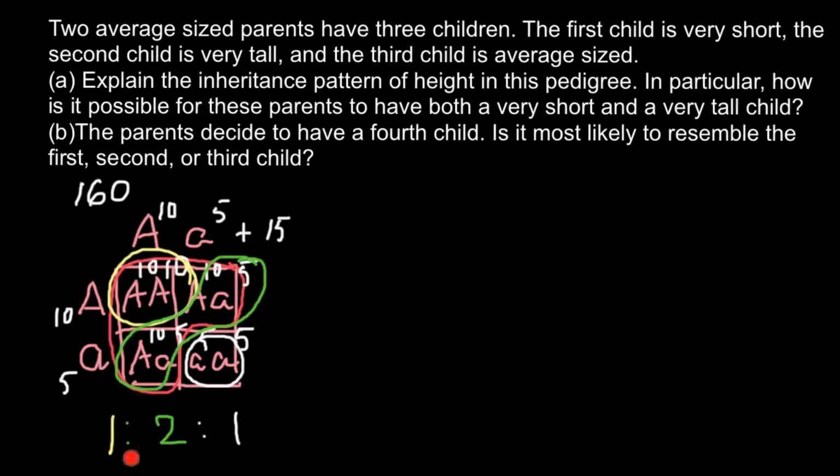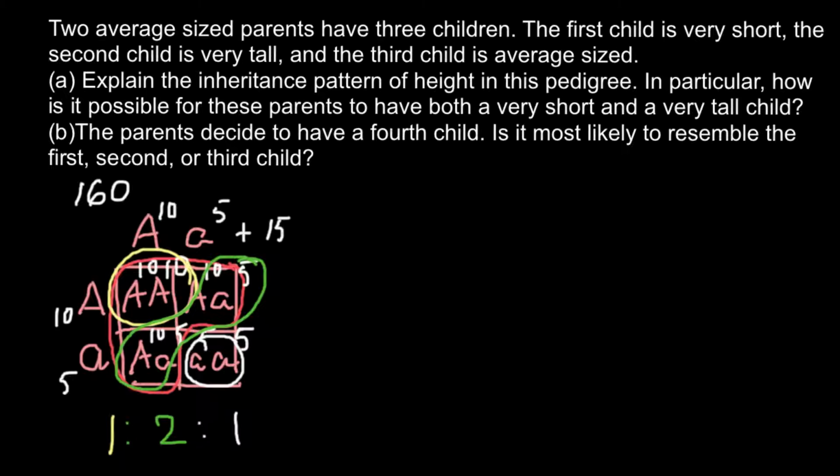Once again, 1 is very tall, 2 are average-sized, and 1 is short. And this model is true when we have only one gene with two alleles that have a different contribution to the tallness, and other quantitative characteristics can be skin color and, for example, body weight.